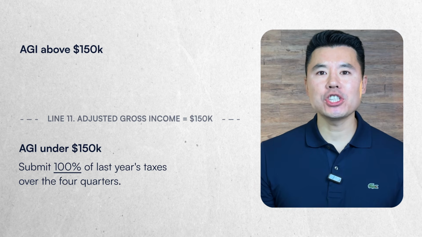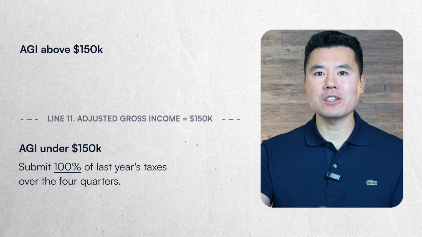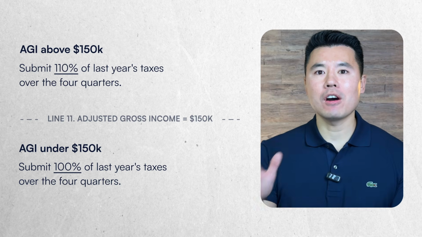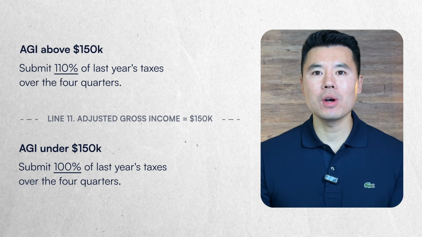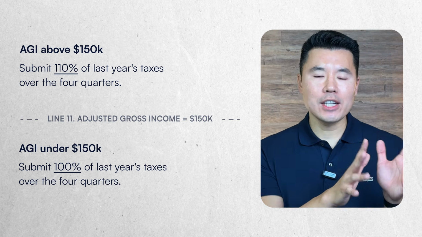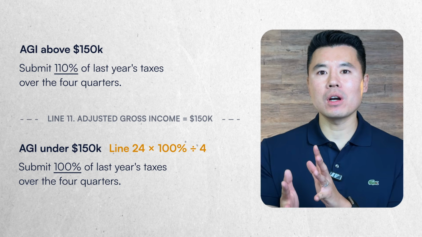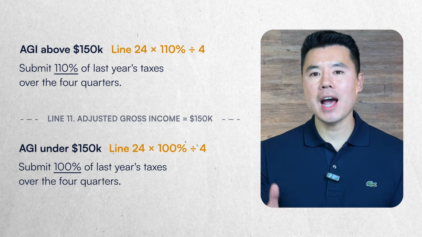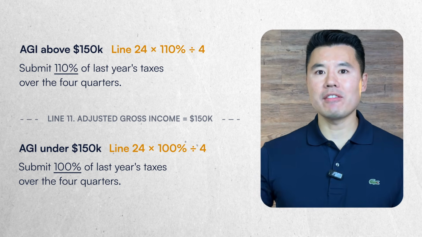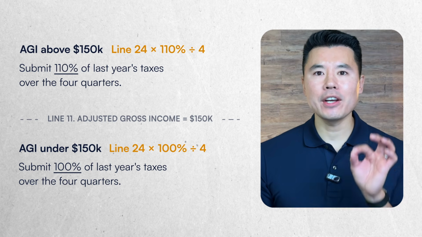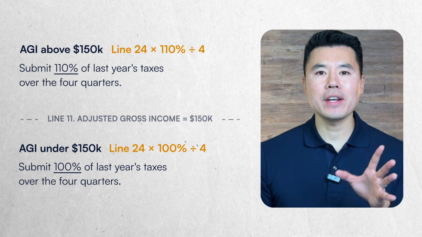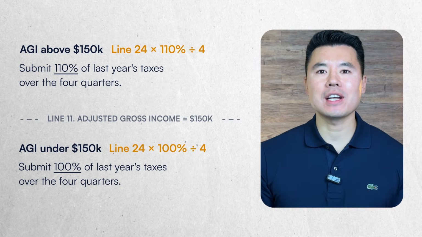But if your AGI was over $150,000 last year, you're going to want to submit 110% of last year's taxes over 4 quarters. So basically, it's either line 24 divided by 4, or line 24 times 110%, then divided by 4, based on whether your AGI, that number on line 11, was greater than or less than $150,000 last year.